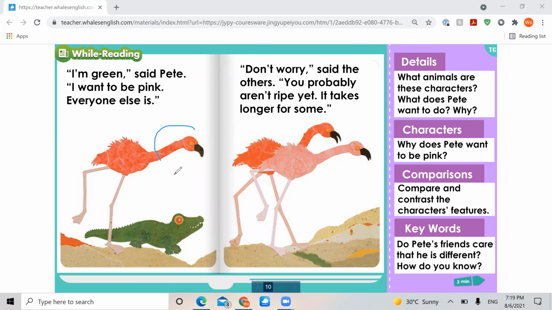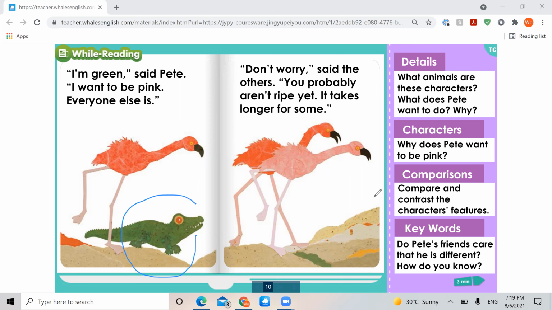So, let's talk about the characters. Remember, the characters are the people or animals in the story. That's right. He is Pete. Was your prediction correct? You sure were.